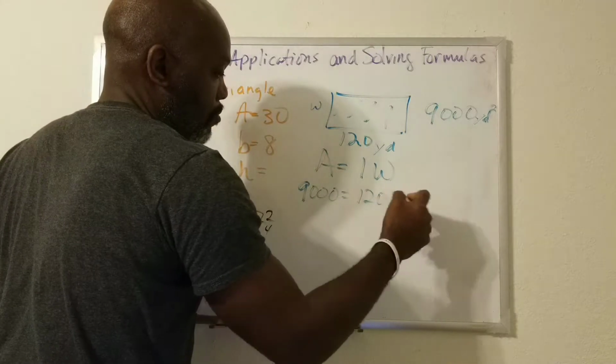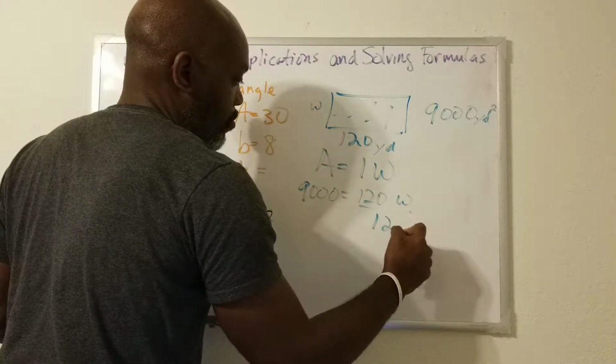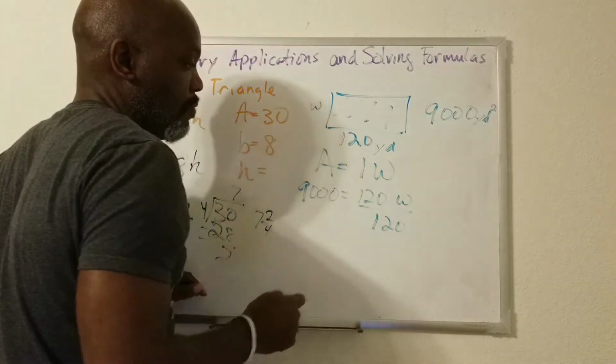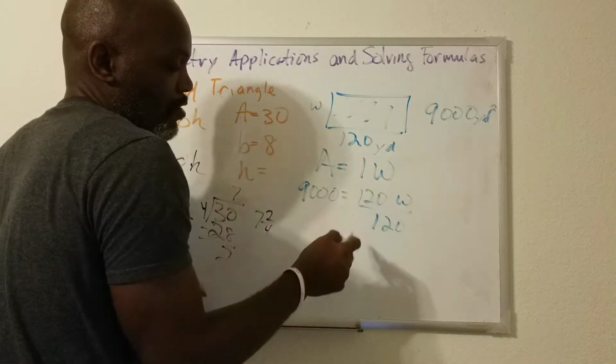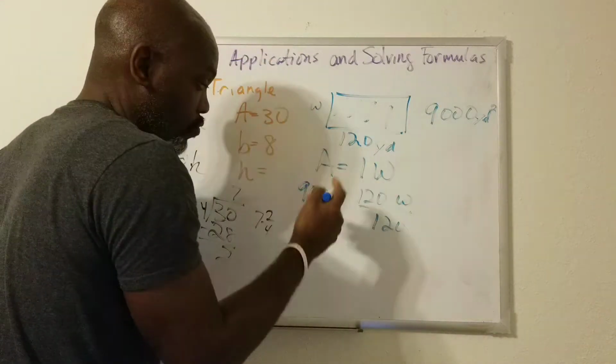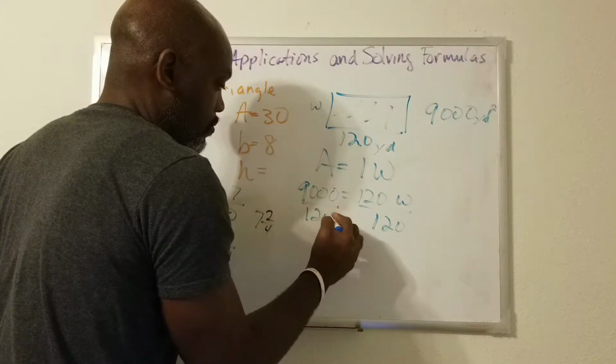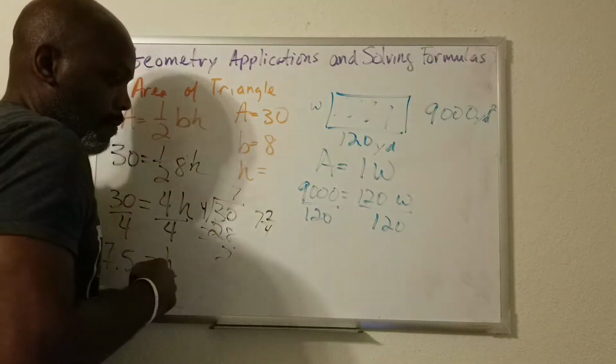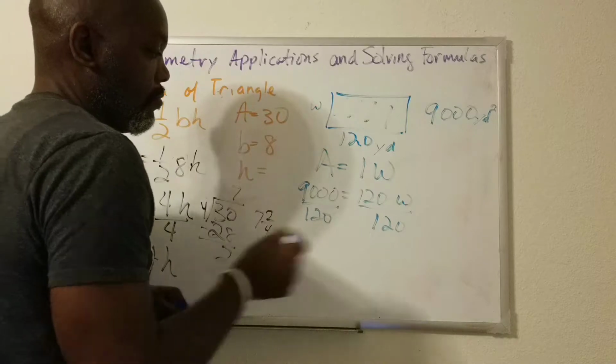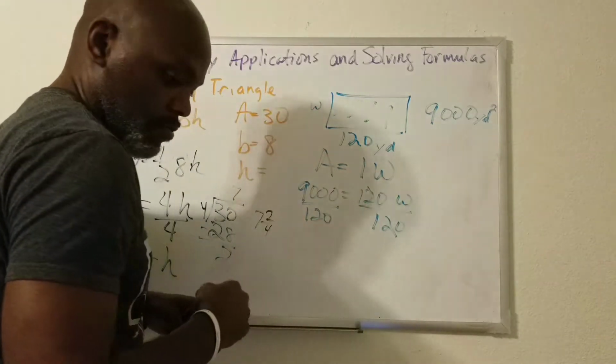But we know that we can multiply the length times the width. So we're going to divide both sides by 120 to find out what the width is.